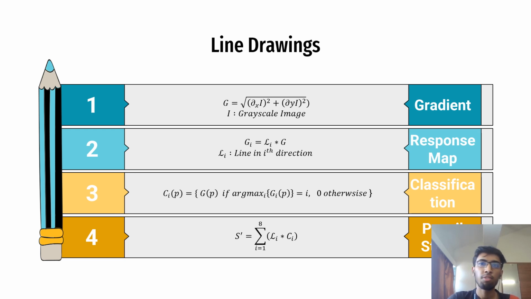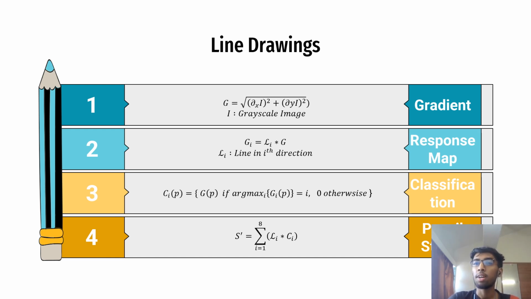The equation of the gradient image G is the square root of the partial derivative of I in the x direction squared plus the partial derivative of I in the y direction squared, where I is the grayscale image. So we first need to take an image and convert it into grayscale to find the edges.